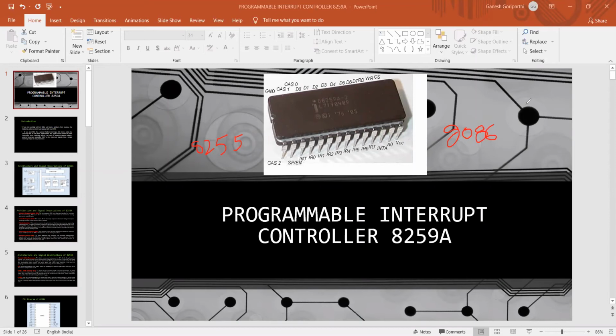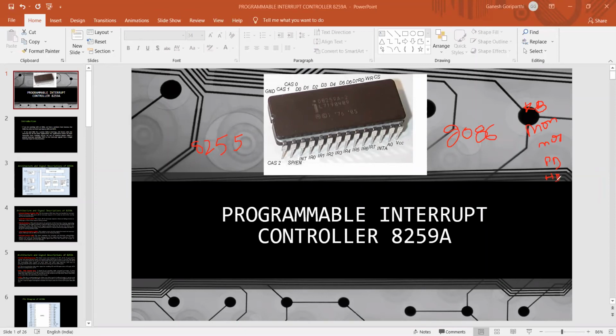What are the different peripheral devices that we have? Like keyboard, monitor, mouse, pen drive, hard disk, or any other USB devices and external memories.